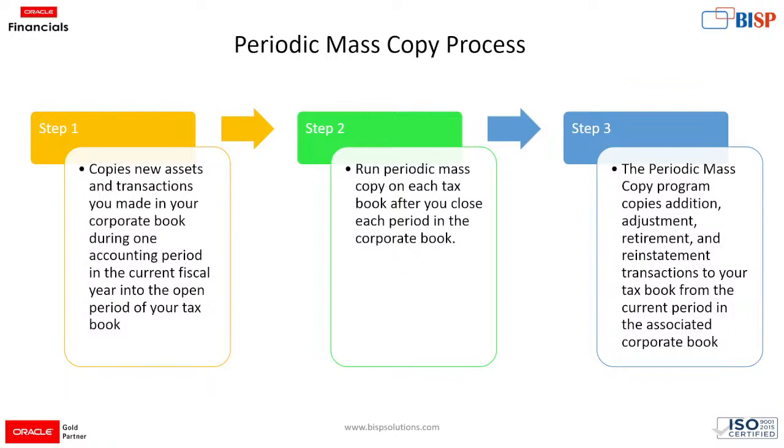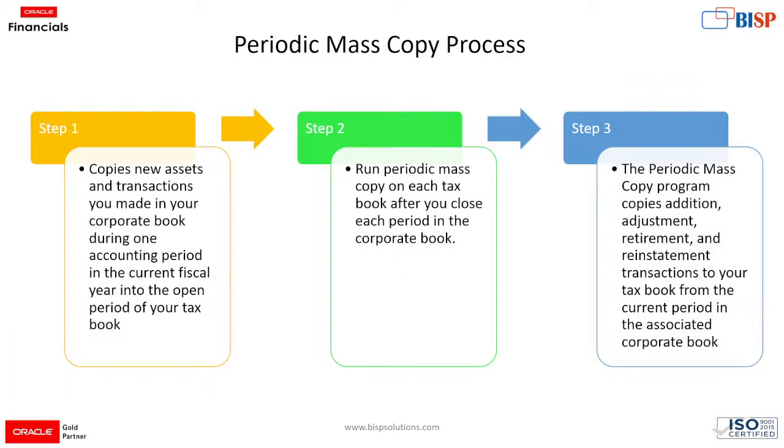You run a periodic mass copy of each tax book after you close each period in the corporate book. The periodic mass copy program copies the additional, adjustment, retirement, and reinstatement transactions to your tax book from the current period in the associated corporate book.